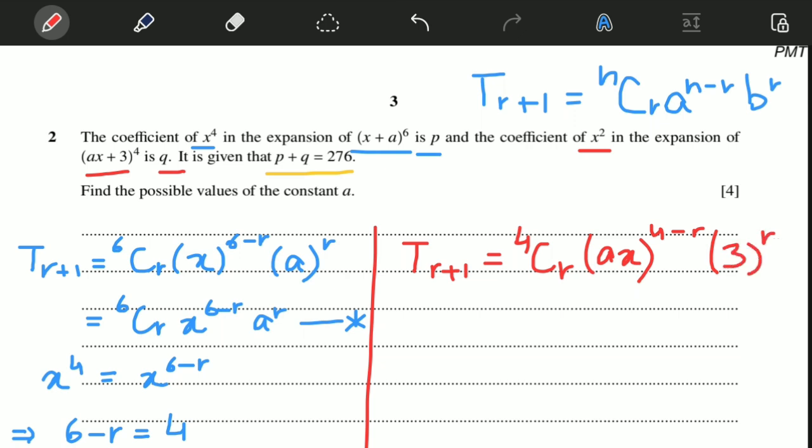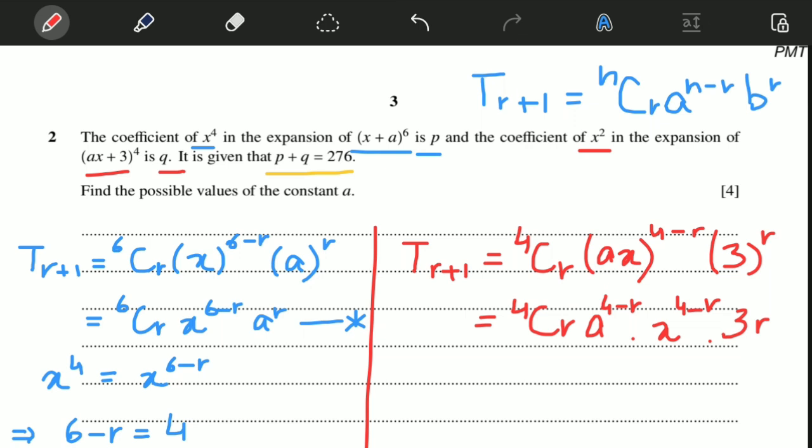So let's take out x from x with the power. So this is going to be 4Cr, a power 4 minus r, x power 4 minus r, and 3 power r. Okay, putting a dot because all of these are being multiplied.